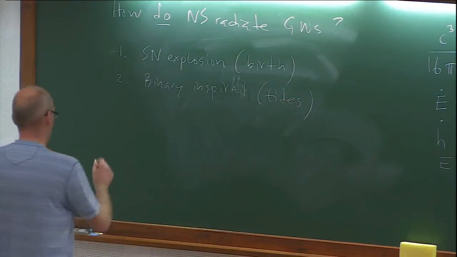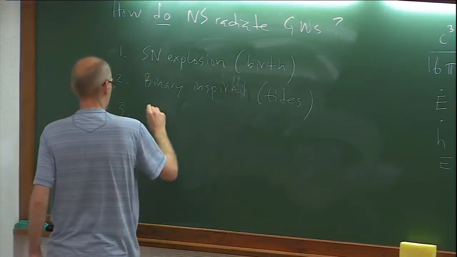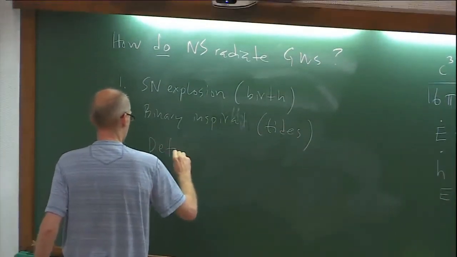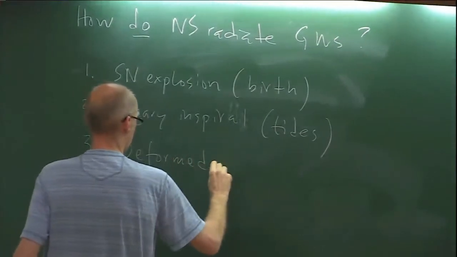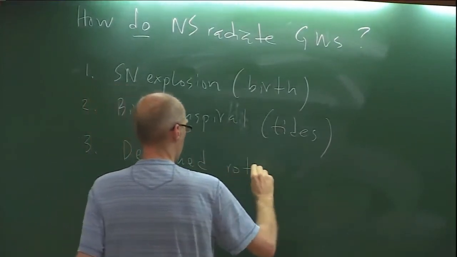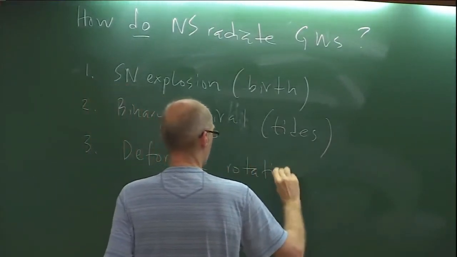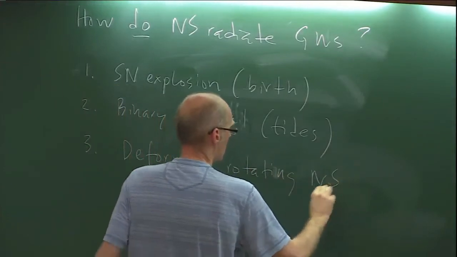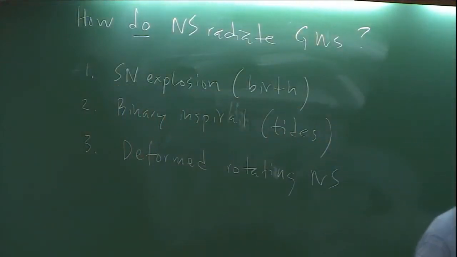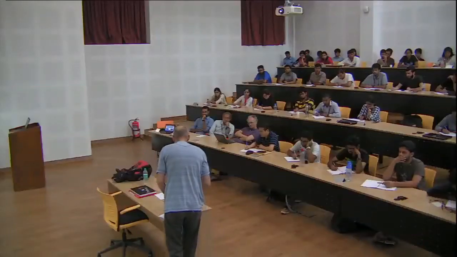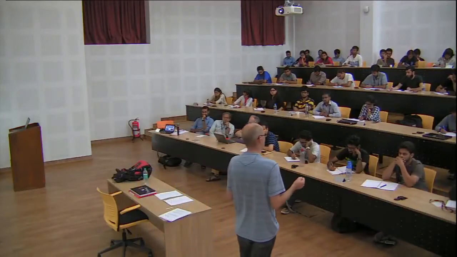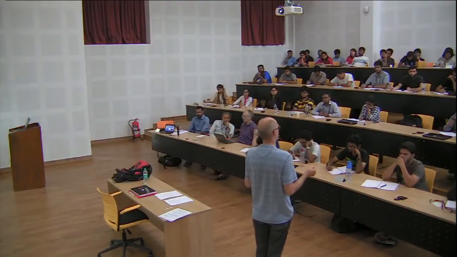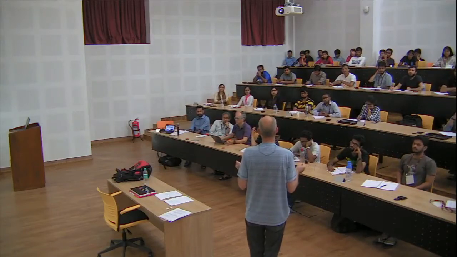So is that it? No, that's not it. We're going to talk about, tomorrow, what happens if the neutron star is not perfectly symmetric. So you can imagine, I don't know if you've seen, there are some maps of the Earth's gravitational potential. Okay? And it looks like a lumpy potato.